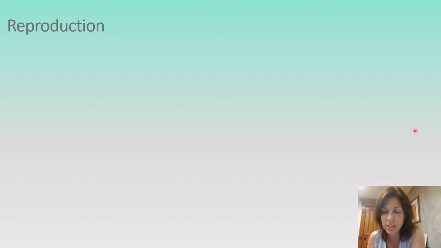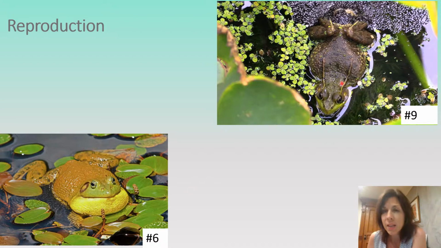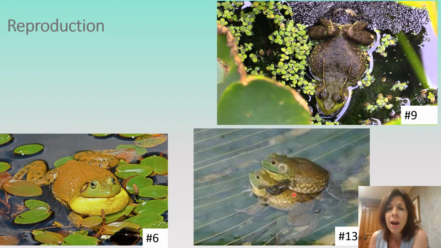Okay, reproduction is the last one. Here I chose number 6. I could have put the two images of the croaking bullfrogs in the same category, but I just broke them up. Here, I think this is very obviously connected to reproduction, the female bullfrog laying her eggs, and the two bullfrogs mating.